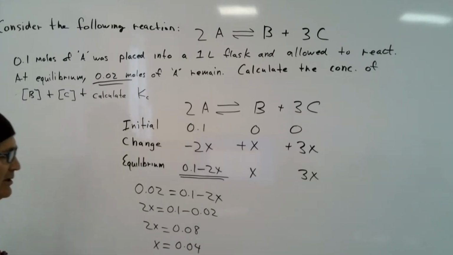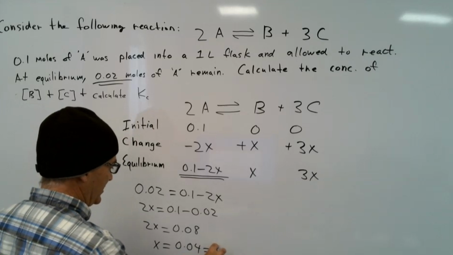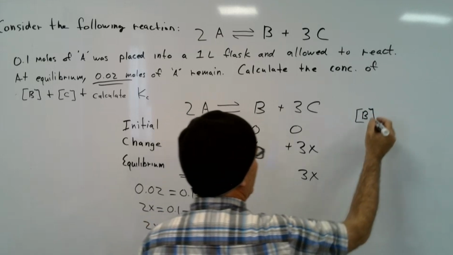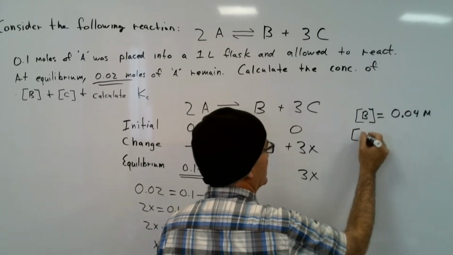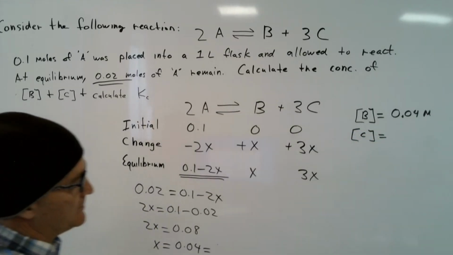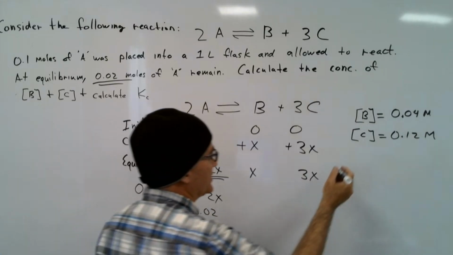Right, all right. Now we know what X equals. This also equals, well, this is going to equal the concentration of B, right? So we've now found the concentration of B to be 0.04, and the concentration of C is going to be 3 times that. 3 times 4 is 12. And we know the concentration of A because it was given.